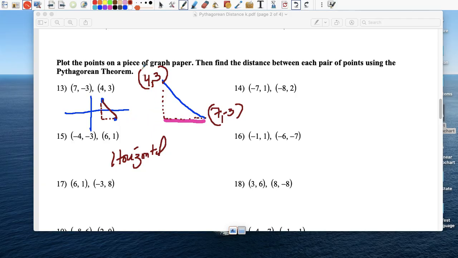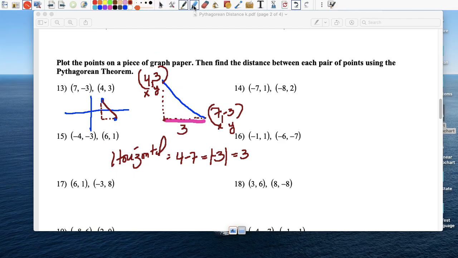You write x and y here. So to find that horizontal distance, you would just subtract the x values. So you go 4 minus 7, which is negative 3, and you know distance can't be negative, so you take the absolute value. So the distance between 4 and 7 is 3.